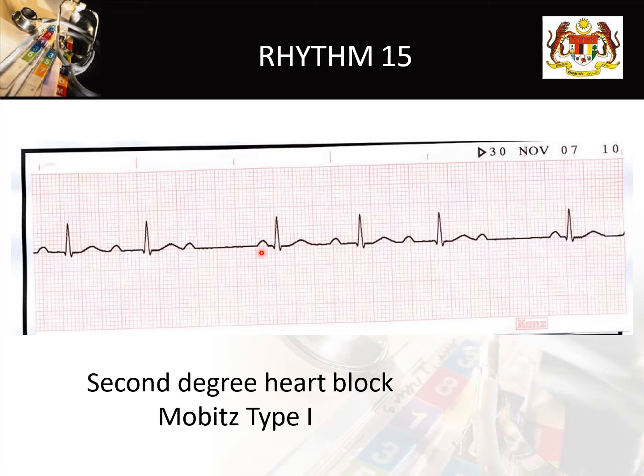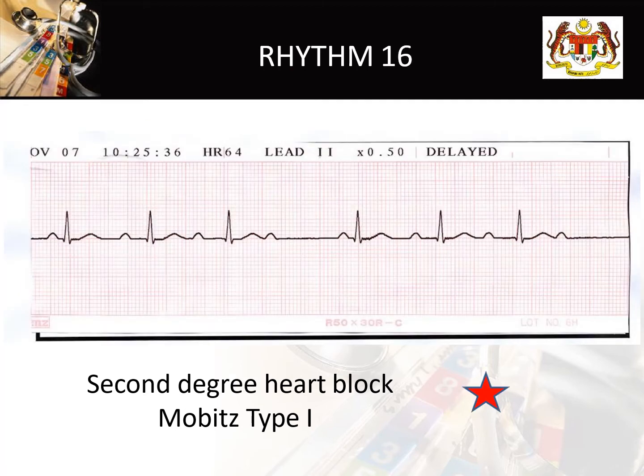As we can see from this ECG, this is the first PR, slightly prolonged, and then the second PR is more prolonged, and the third one is more prolonged, and then the fourth one has no QRS complex, a dropped beat. Again, the most important characteristic of Mobitz Type 1 second degree heart block is progressive lengthening of the PR interval.